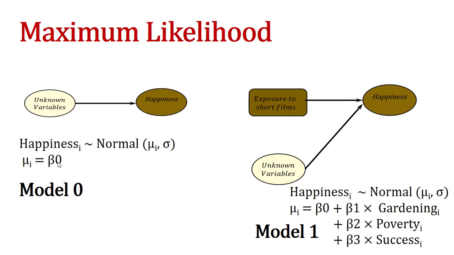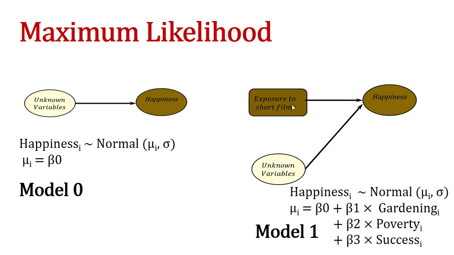And the mu i in this case is one parameter called beta 0, and because we are not using any variable to estimate beta 0, the best beta 0 is the mean of happiness. So basically the mu is always going to be the mean of happiness, which is not a very good model to try to predict happiness.